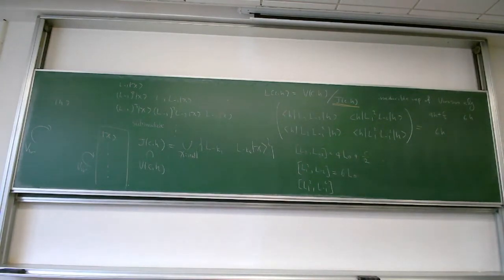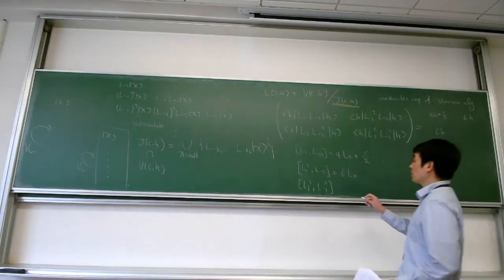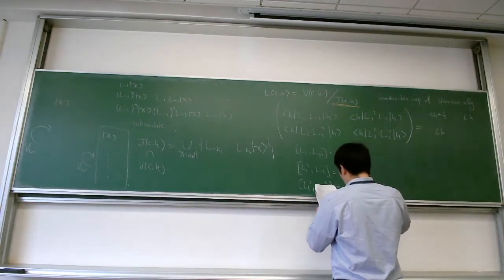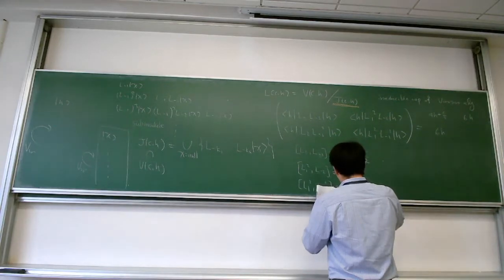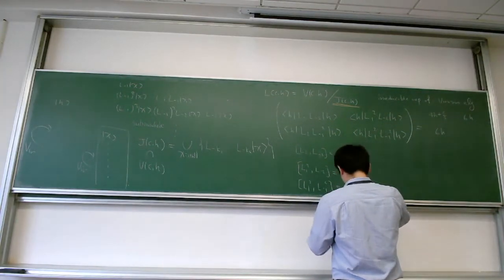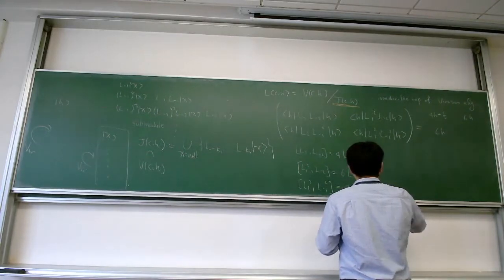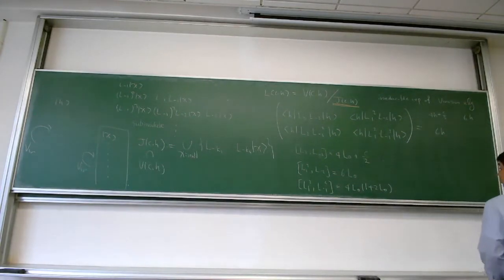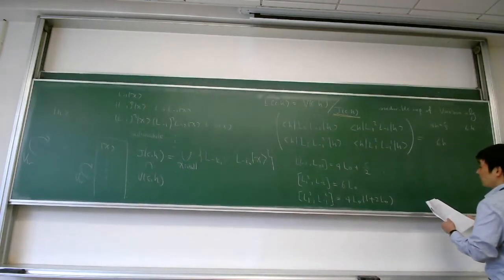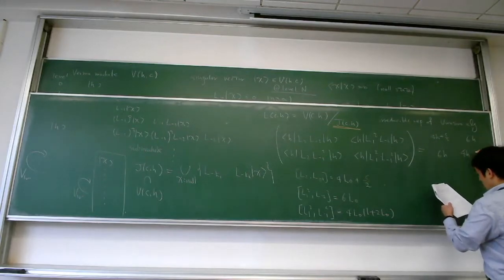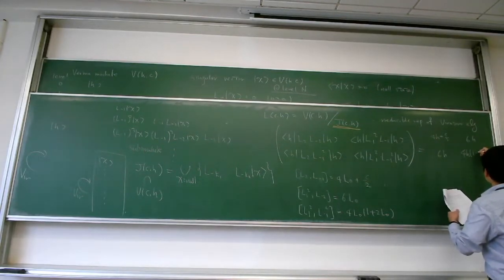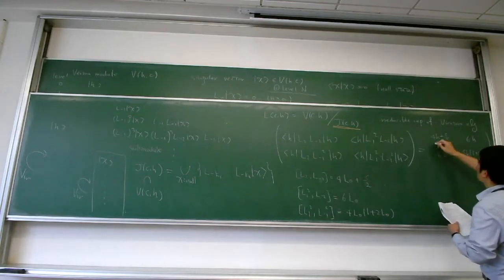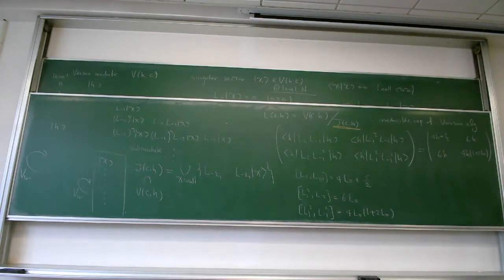To be honest, this one is a bit tricky. This is equal to 4 L naught squared plus 2 L naught. You can check this commutation relation by using the Virasoro algebra; it's a straightforward exercise. So here you have 4H squared plus 2H. This is the matrix you get.